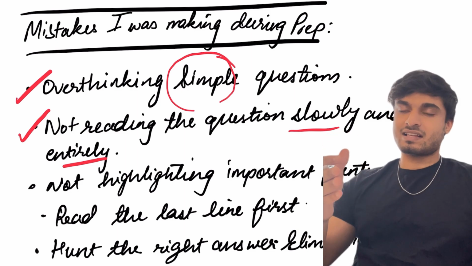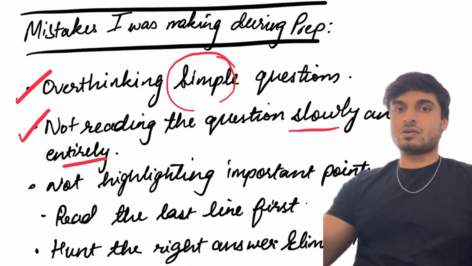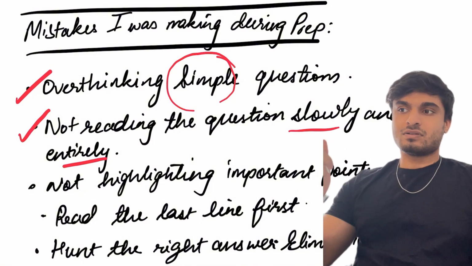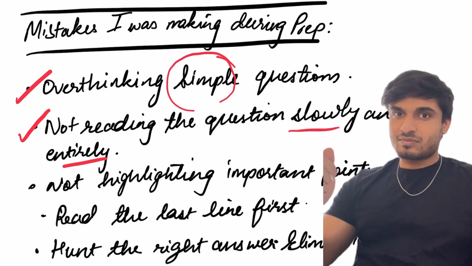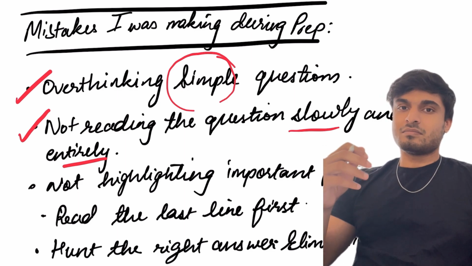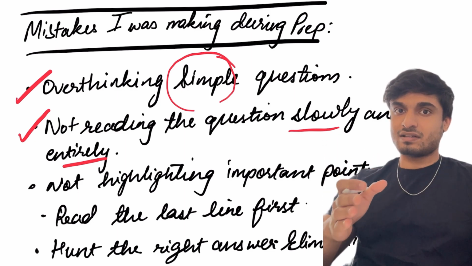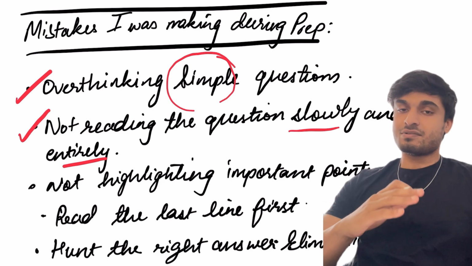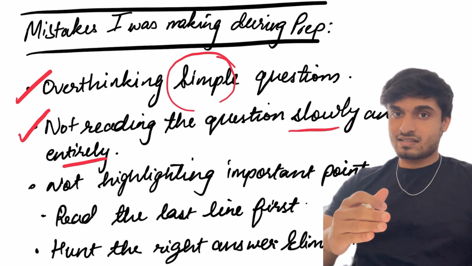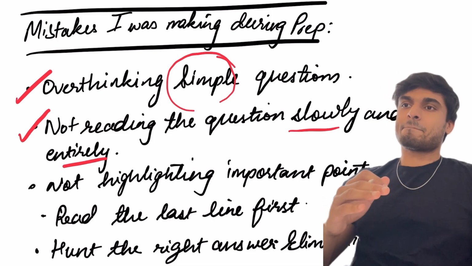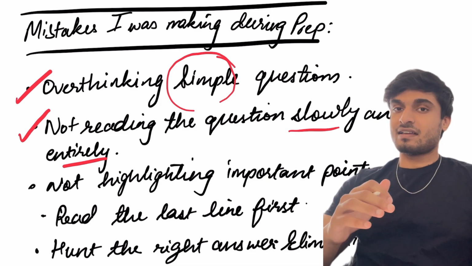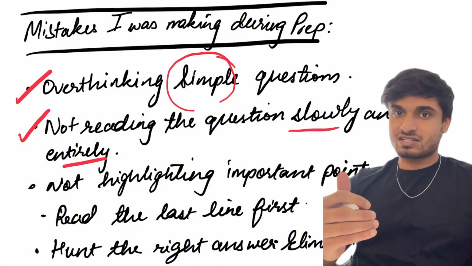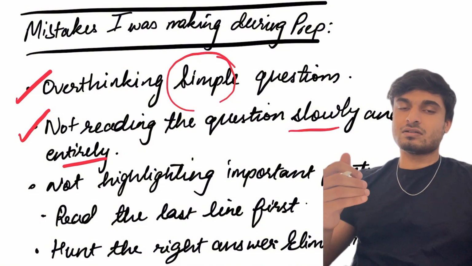I know it's a timed exam, and more often than not you're looking at the timer and wondering, do I even have time to read the entire question? But make sure the first time you read the question, be thorough, be really slow, and highlight everything that you think is important, because when you go back to the question, you need to see those bullet points ready in front of your eyes.